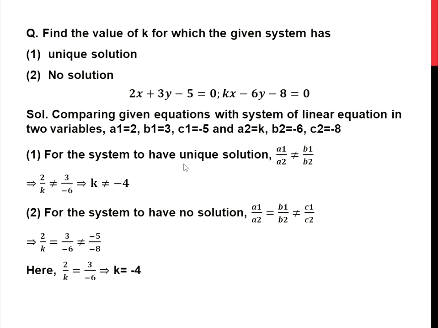So for the system to have unique solution, a1 upon a2 not equal to b1 upon b2. This gives value of k which is not equal to minus 4. Second part, for the system to have no solution, a1 upon a2 equal to b1 upon b2 not equal to c1 upon c2. From first two steps, that is a1 upon a2 equal to b1 upon b2, we get k equal to minus 4 after solving.